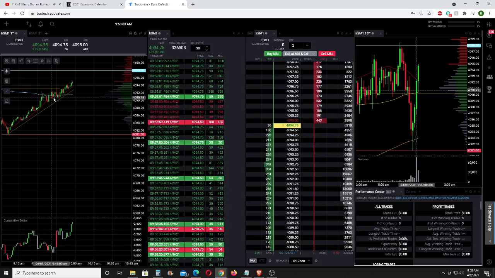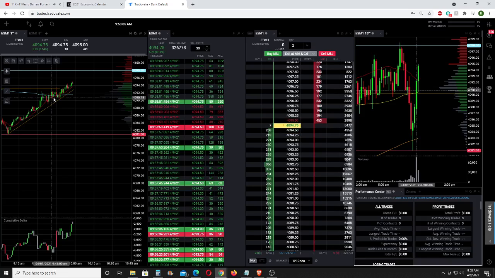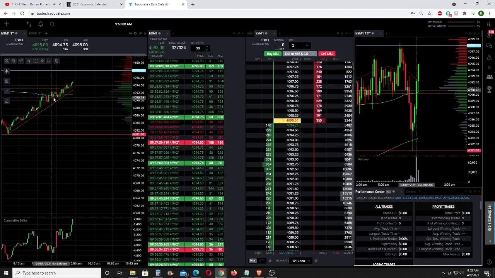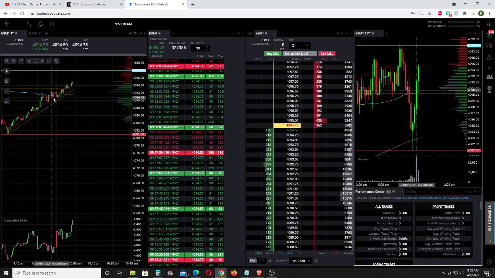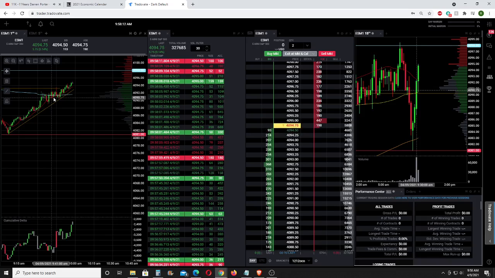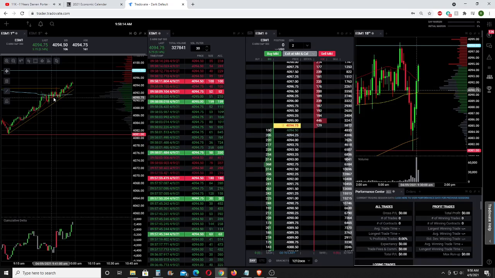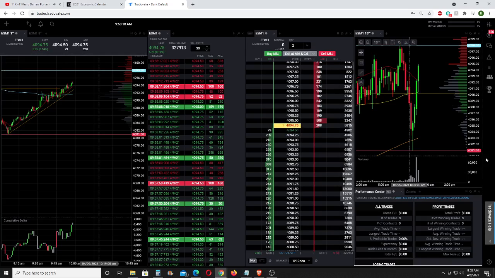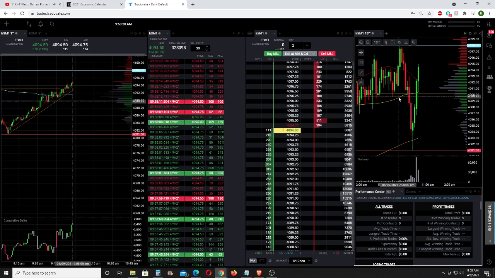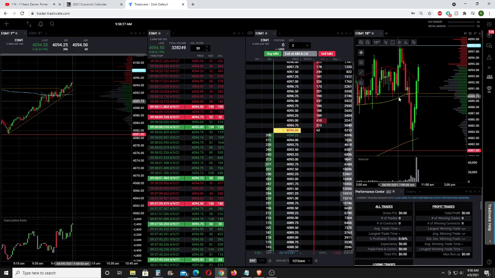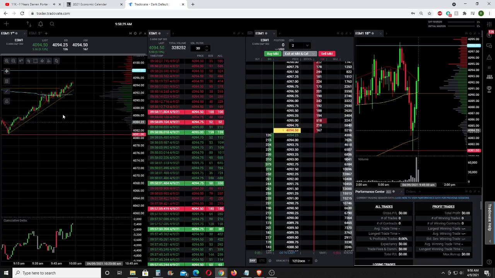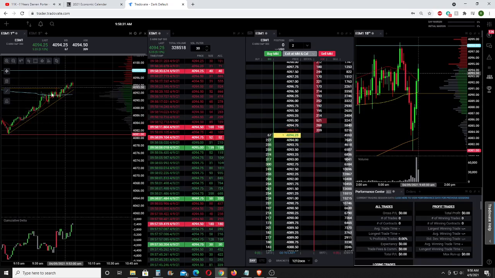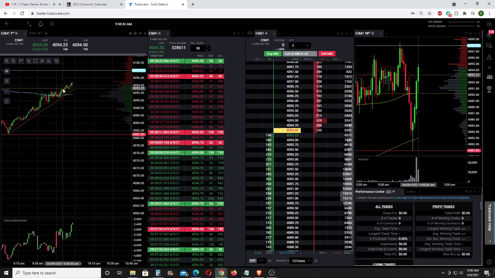Delta. There may not be another trade. I'm just going to look for now for a trend line break here. Going long here, the risk reward isn't there.